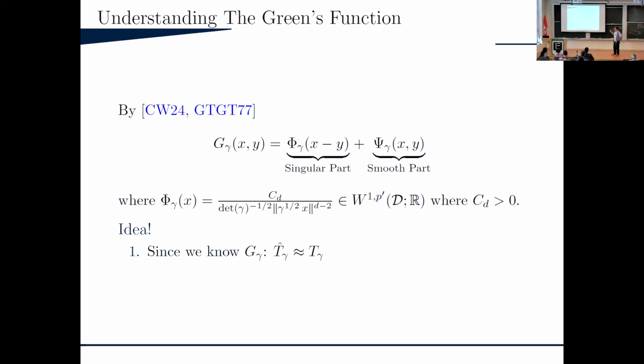So the idea now is that I can hard code the singular part as one convolution against the singular part, as one of the layers of my neural operator. This I can absorb into the classical neural operator layers, and by doing that, I'll get my rate. So I come up with a layer of my neural operator, and neural operator just means infinite dimensional neural network, which just sounds cooler.